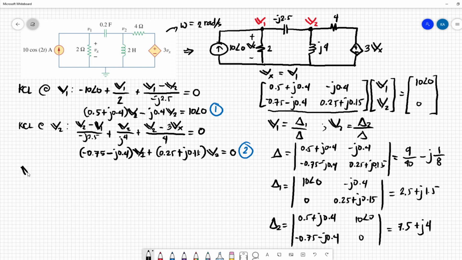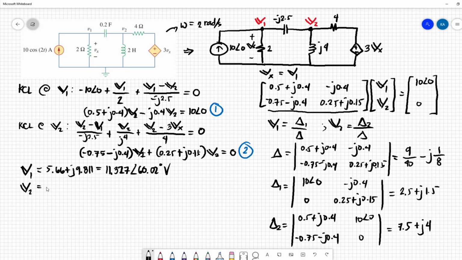Now solving for the values of V1 and V2, V1 is just equivalent to 5.66 plus J 9.811, which is equivalent in polar form to 11.327 angle of 60.02 degrees volts.